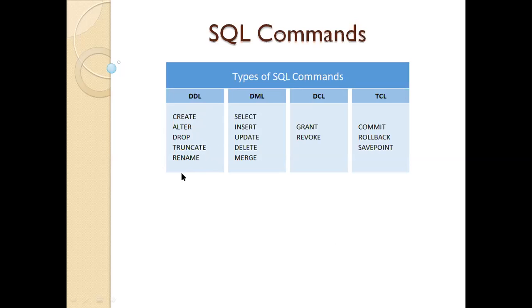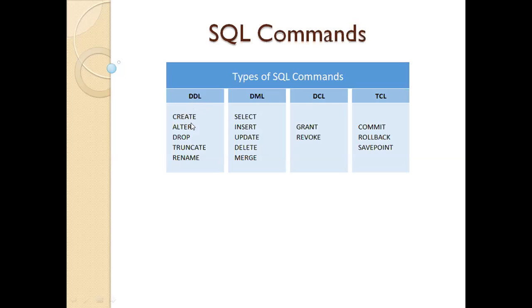What do you want? You want a box first. First you create a box. After creating a box, you put all the items into the box. That box is a table, or you can even call it a schema. That creation of a table is done by using DDL commands.